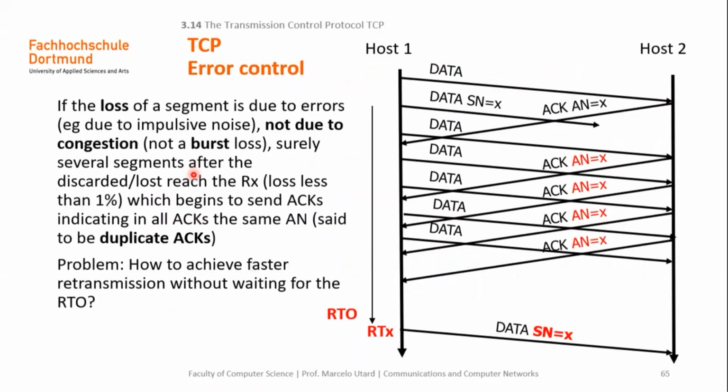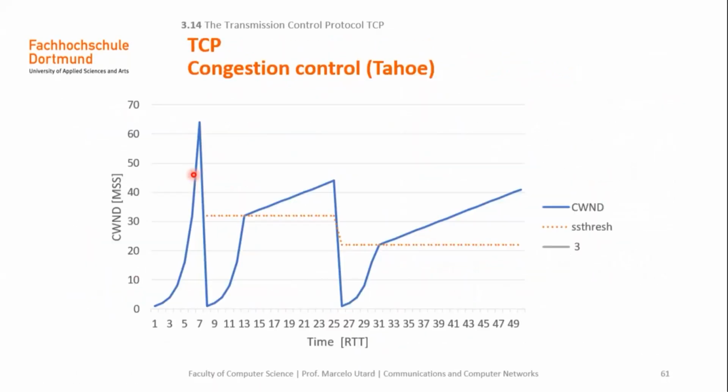Remember this chart. If we detect a segment loss and reduce the congestion window to 1, we need several round trip times in order to occupy the channel again, and perhaps we could transfer at this rate, but we only lost one segment, not several segments.